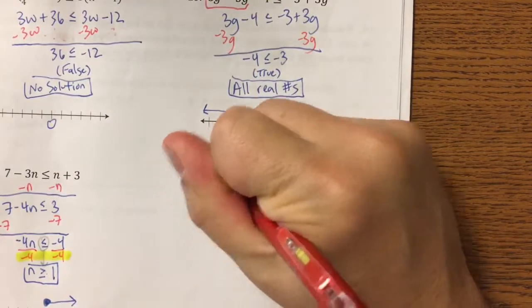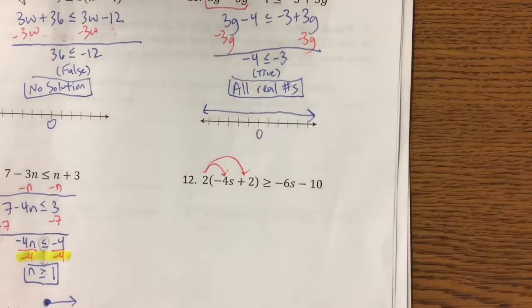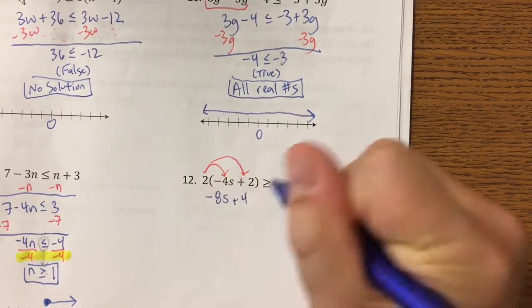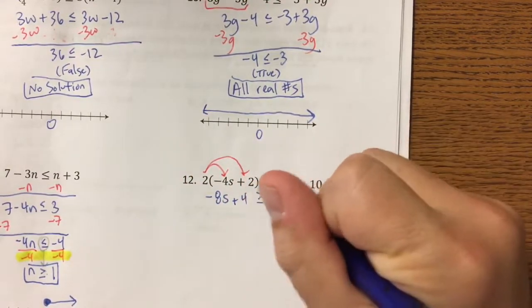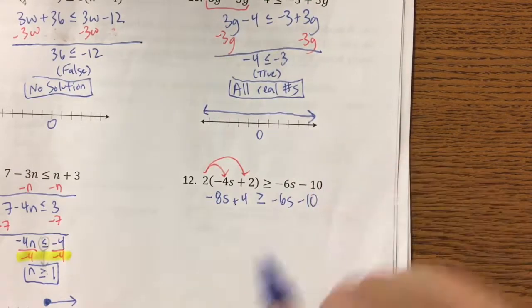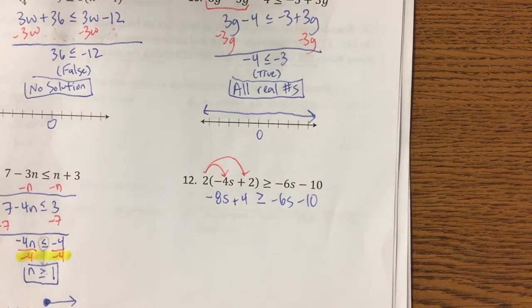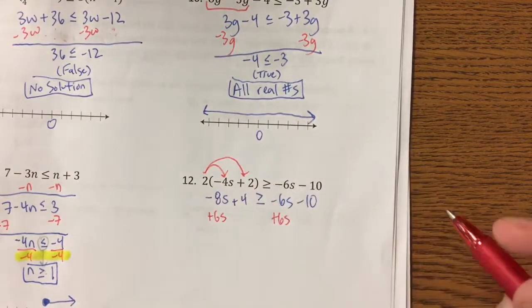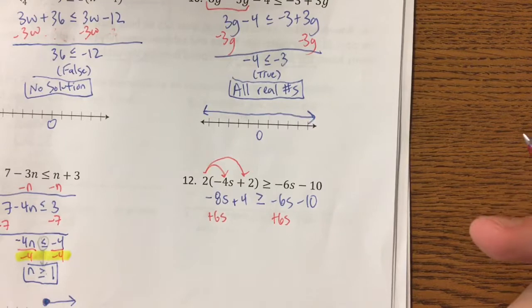Distribute the 2. So we get -8s plus 4 is greater than or equal to -6s minus 10. We're going to add 6s to both sides. Now you could add 8s to both sides, but then you're going to end up with the variable on the right-hand side, and it's going to give you an extra step. So let's just leave it on the left.